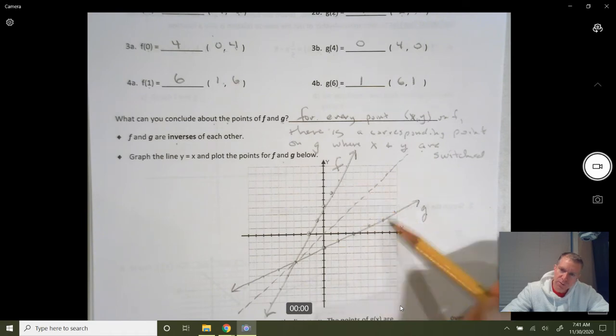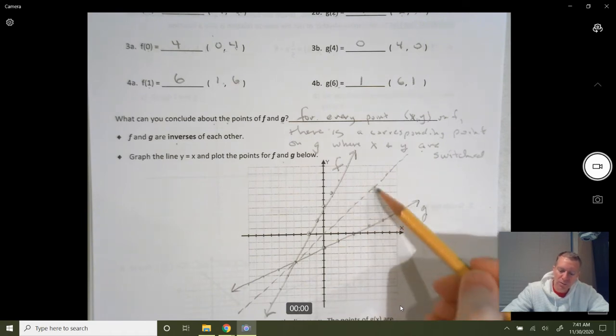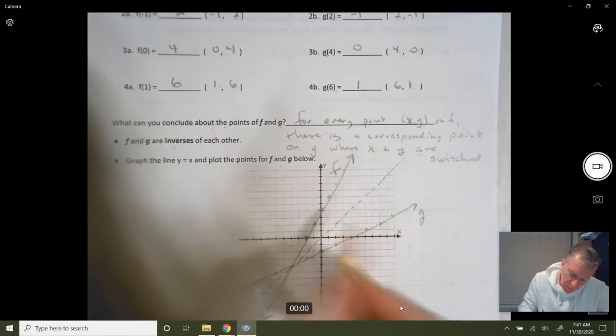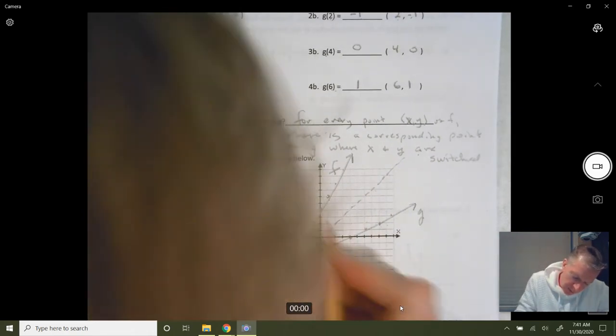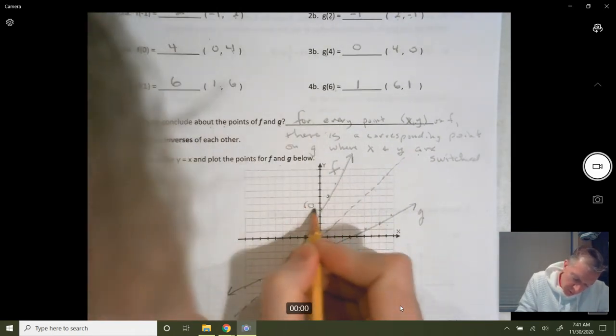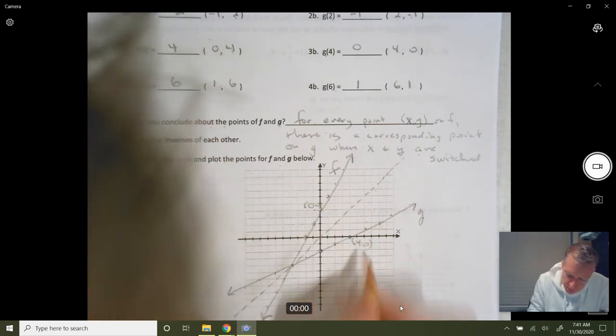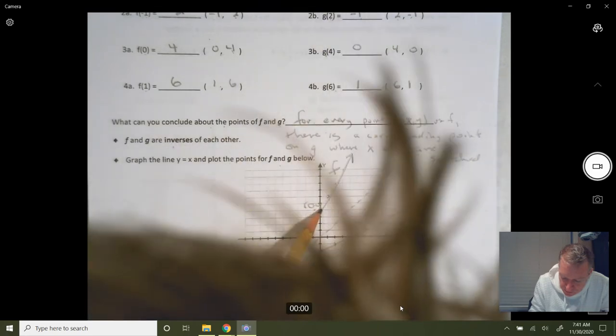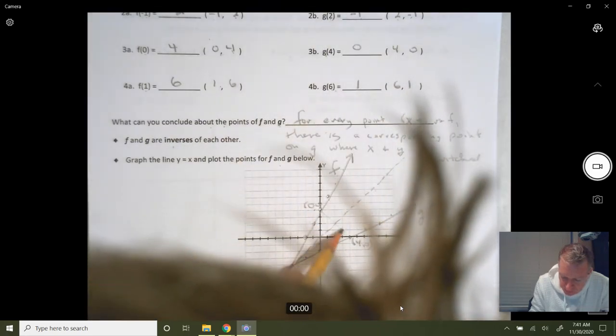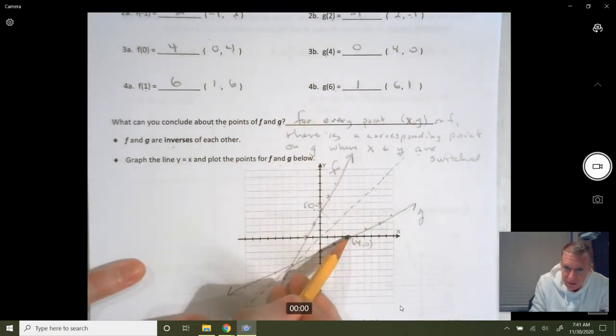These two functions will be symmetric over the line y equals x. So for each corresponding point, let's take this one right here. This was 0, 4, and this is 4, 0. Those are your corresponding points. Okay, they're going to be the same distance from that line. They're mirror images of that line.